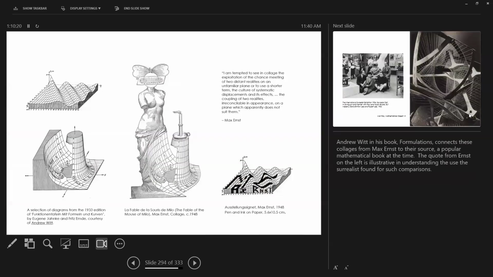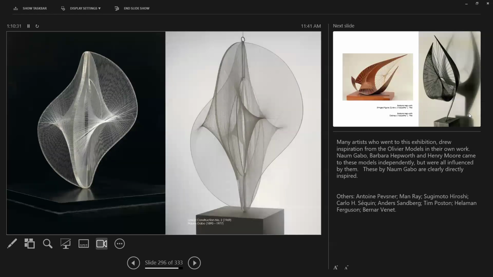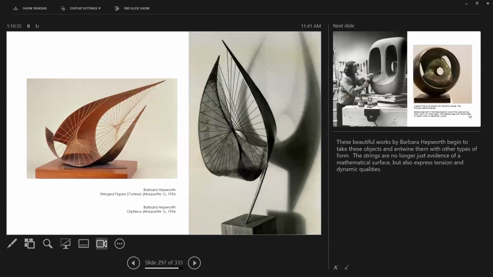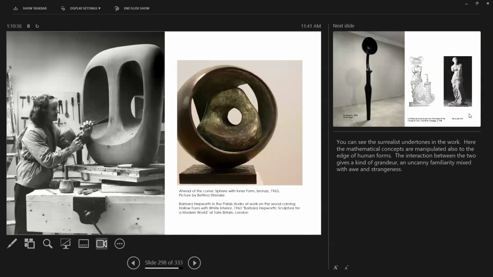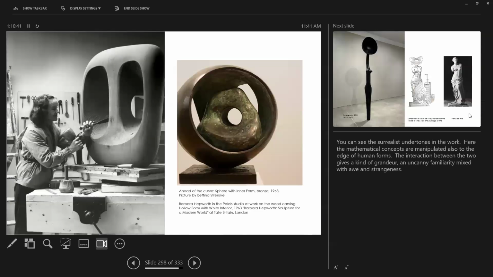So this is Man Ray again. This is Max Ernst collaging the Venus de Milo and the surfaces from these mathematical models together. And I think those models have a huge influence. Also, I knew these sculptors from this time period, inspired by the surrealist work.